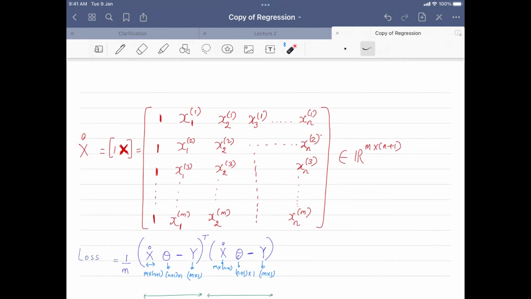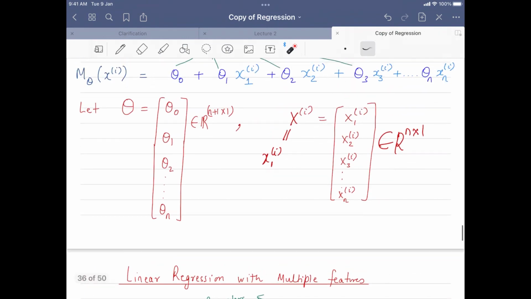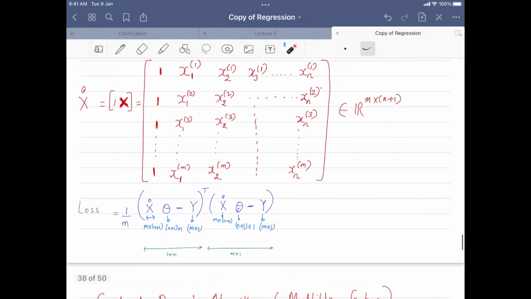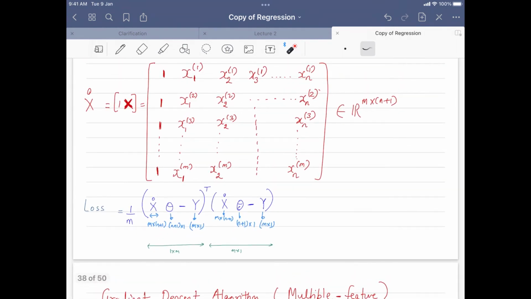If you add x dot with 1 in the first column, then the dimension of this matrix increases to n plus 1. And now you can do the multiplication of this x dot with this theta matrix, which is given over here. So once you do that, everything is the same as it was in the earlier case.